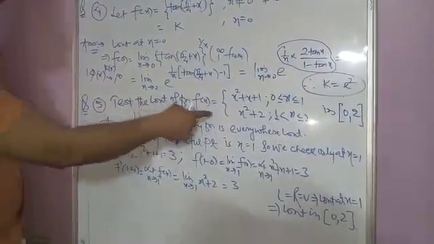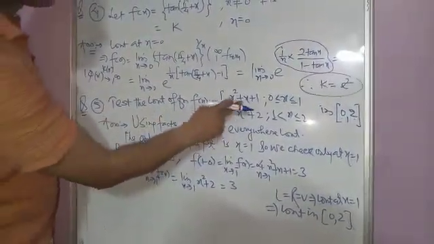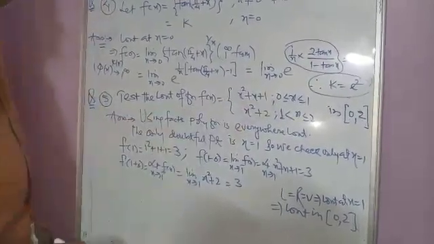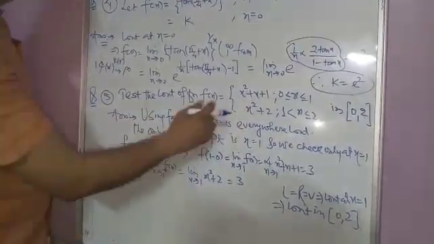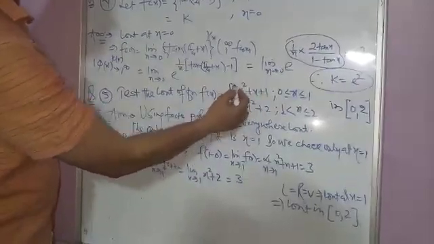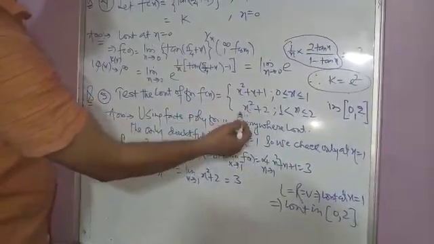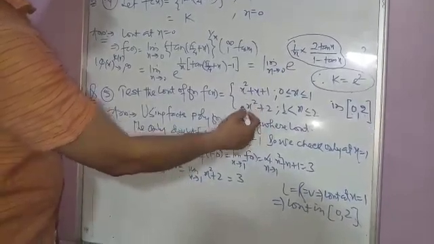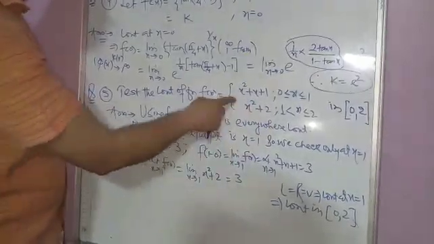Here in this particular question, x square plus x plus 1 is a polynomial function, and we know any polynomial, linear, quadratic, cubic, biquadratic, is everywhere continuous. X square plus 2 is also a quadratic polynomial, also everywhere continuous.